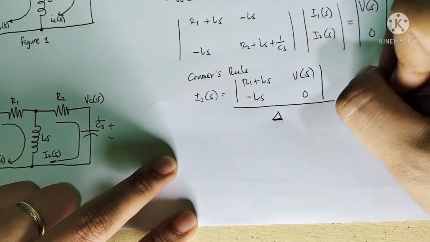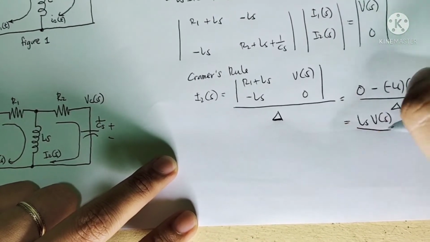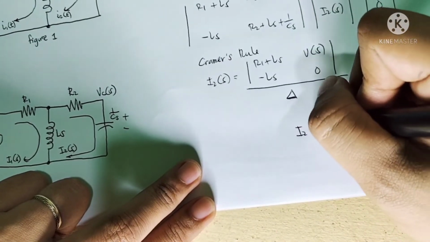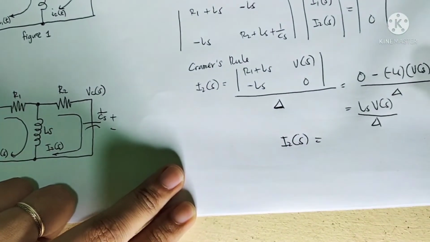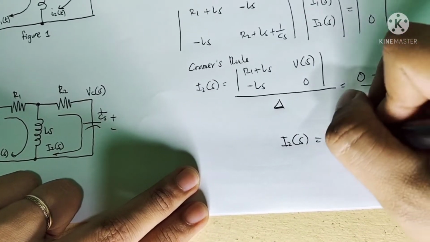So this will be plus Ls V of s divided by delta. Therefore I sub 2 as a function of s is equal to Ls V as a function of s over delta.